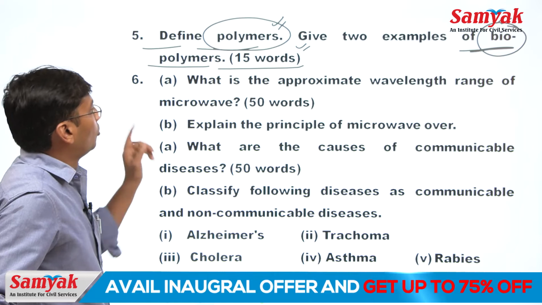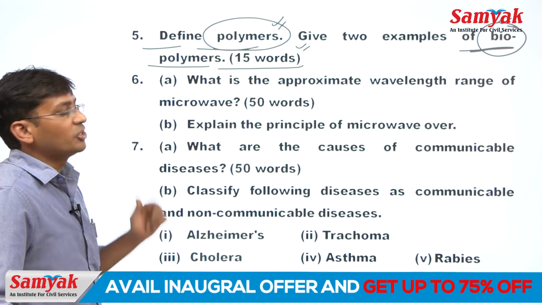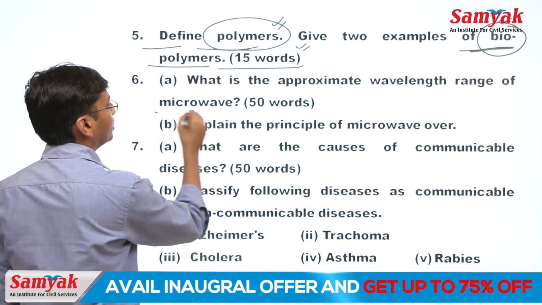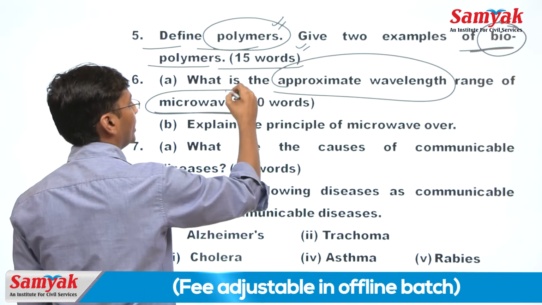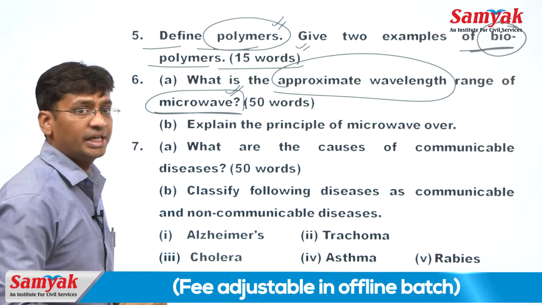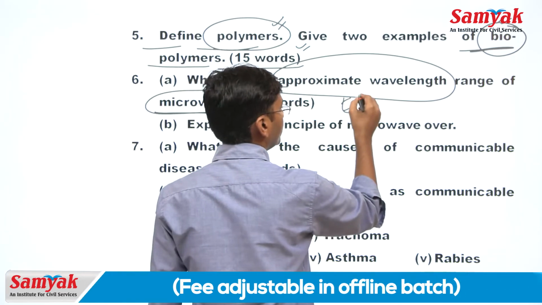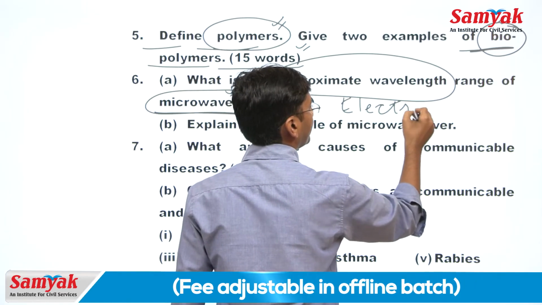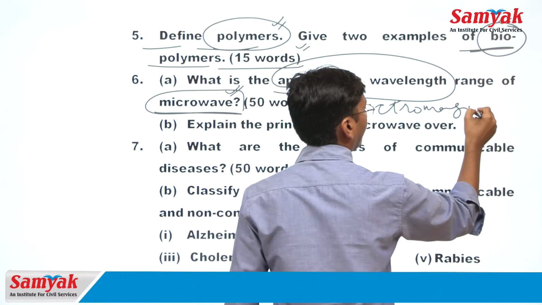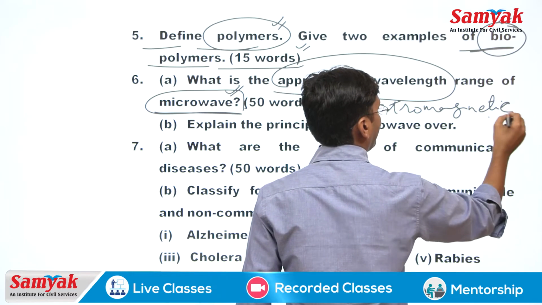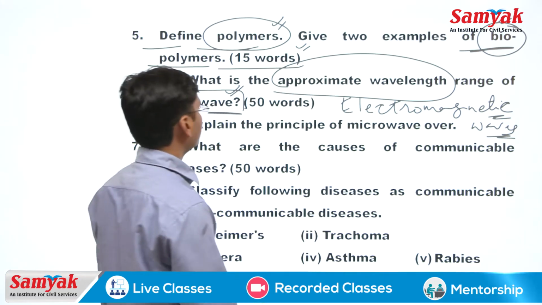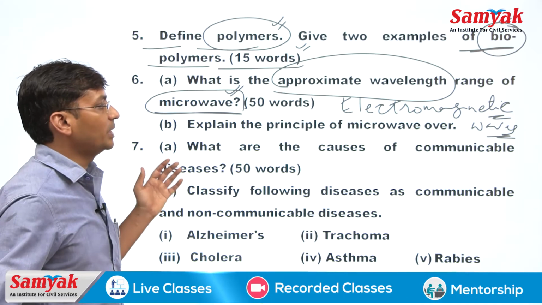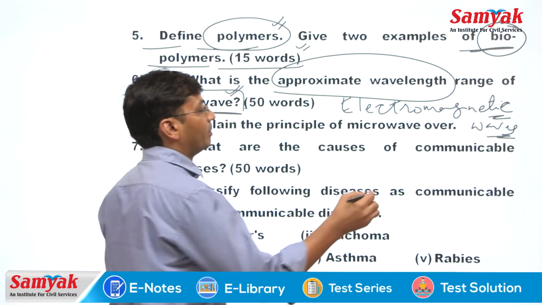Next is, what is the approximate wavelength range of microwave, means they have asked you about the approximate wavelength of the microwave. This question is related to the electromagnetic waves chapter. The second is, explain the principle of microwave oven. Okay.